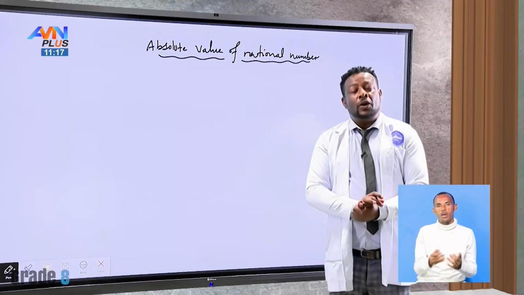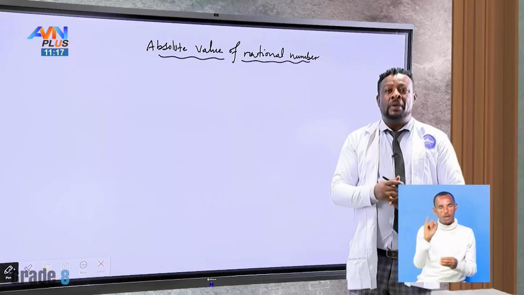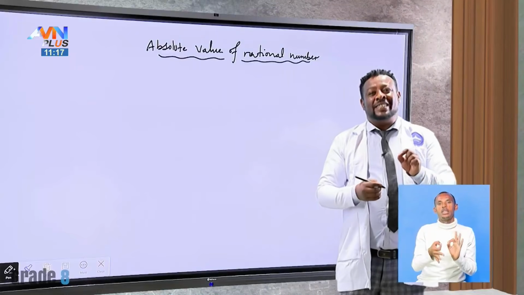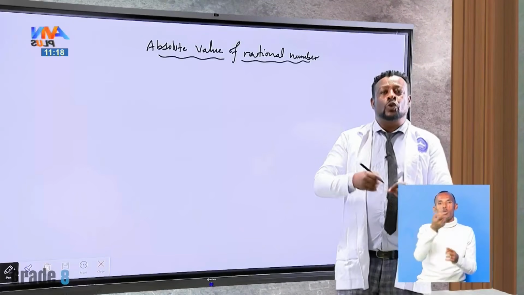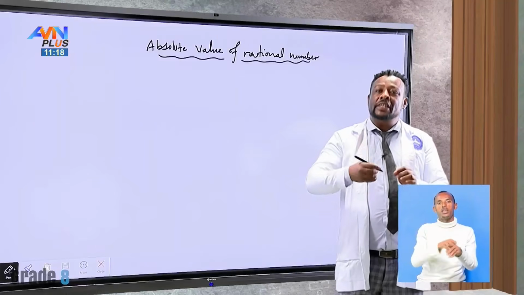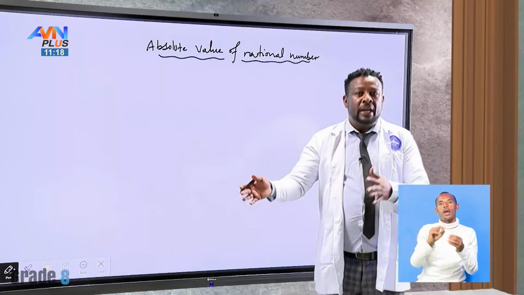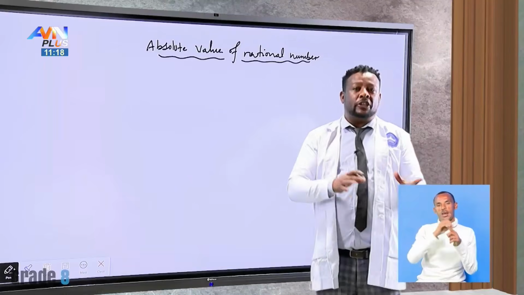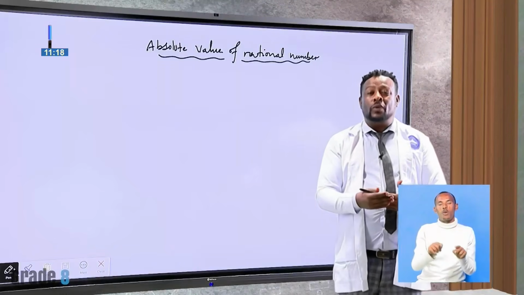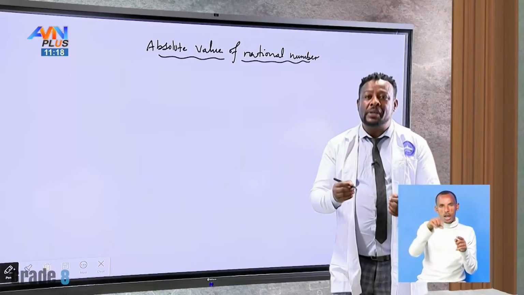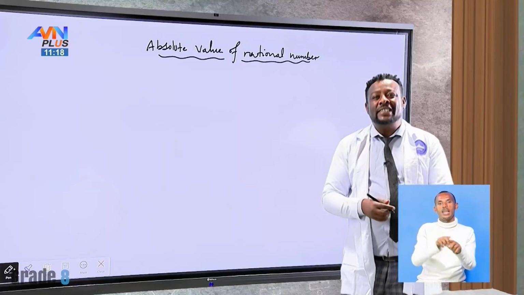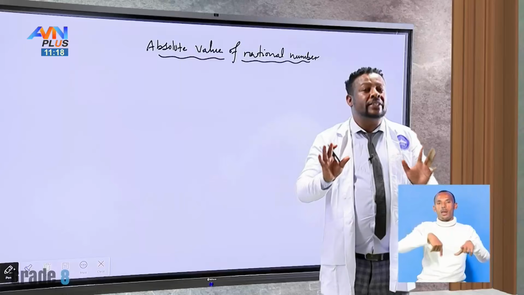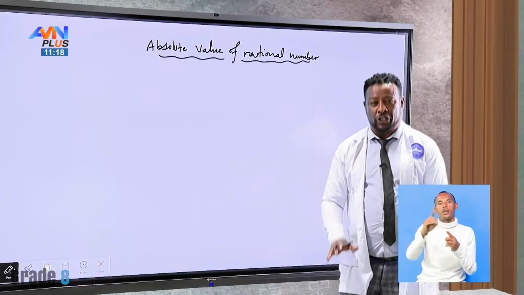In mathematical terms, an absolute value of a number is defined as the distance from 0 to a number in any direction. There is no consideration of directions. The absolute value of a rational number can be defined as the distance from 0 to a number on a real line without considering the direction, okay?